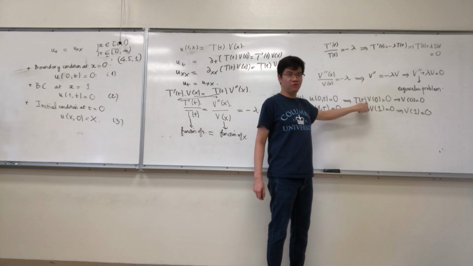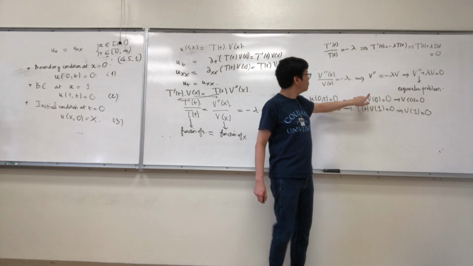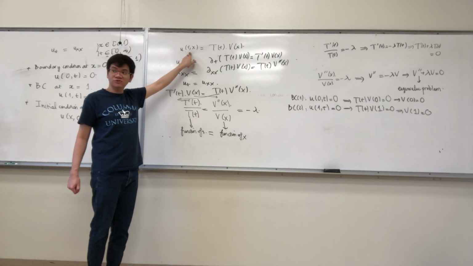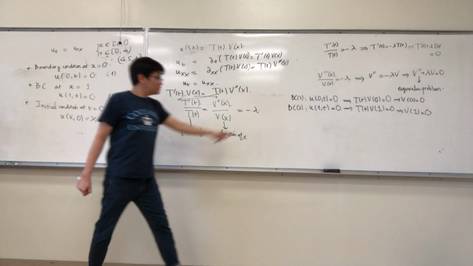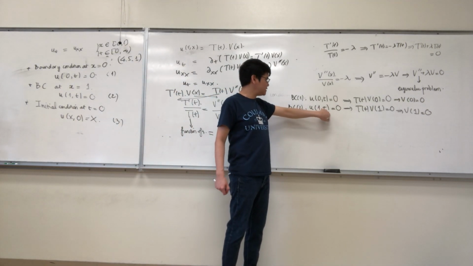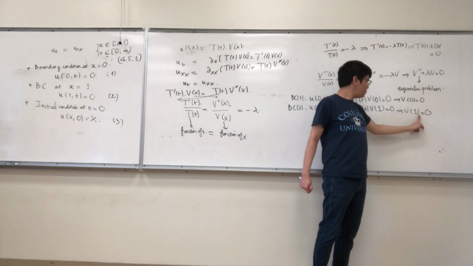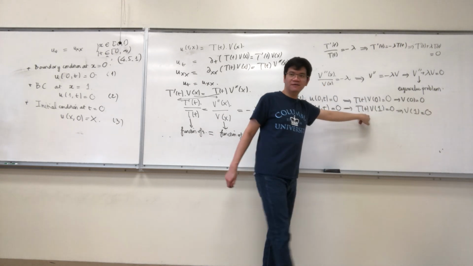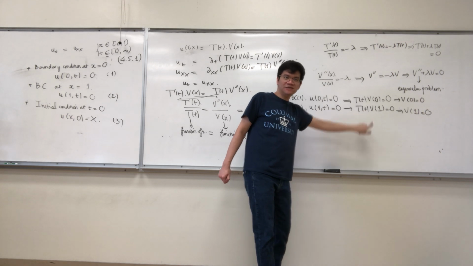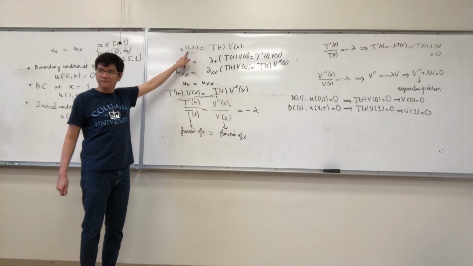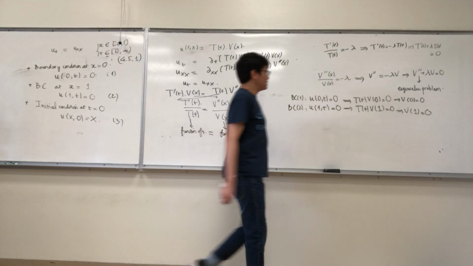T(t) cannot be 0, because if T(t) is 0, u will be 0, and you have a 0 solution, right? Similarly, u at (1,t) is 0, which means that T(t) times v(1) is 0, which means that v(1) is 0. T(t) again cannot be 0, because then u is 0, and you have a 0 solution, right?